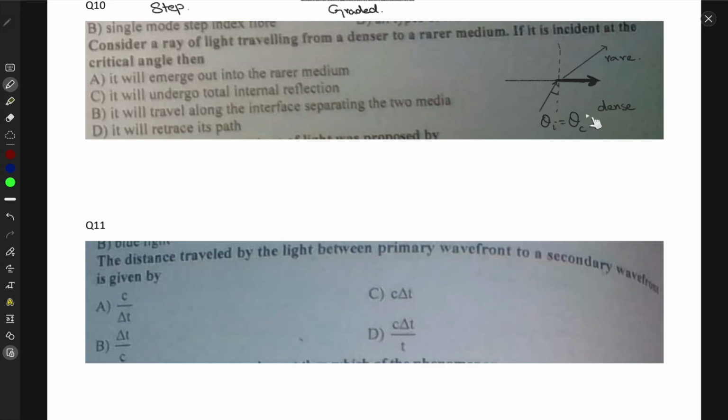So it will look something like this. So the correct option would be B. They have labeled the options very weirdly. So it would be this one: it will travel along the interface separating the two media.